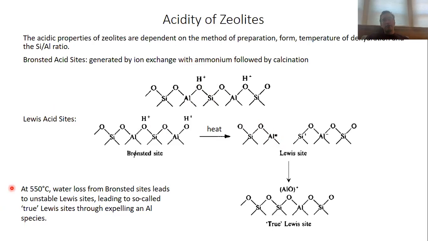At very high temperatures, 550 degrees, you can also expel aluminum species from the framework into the pores, and these species are then even more Lewis acidic. They're also called true Lewis acid sites, because they're much more acidic than these Lewis acid sites, which are still part of the framework.